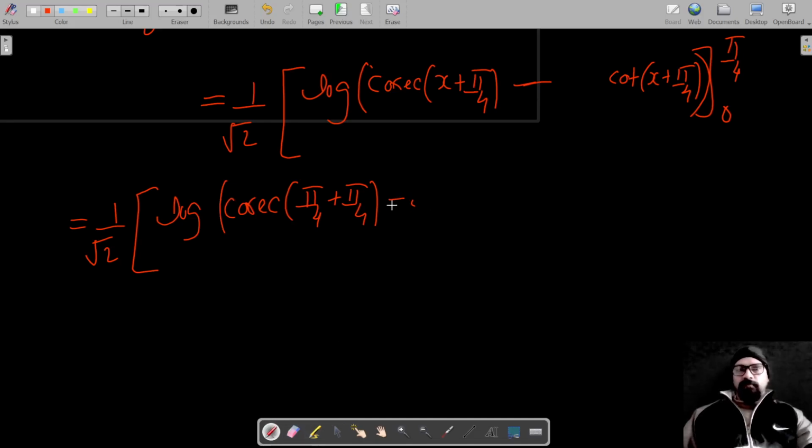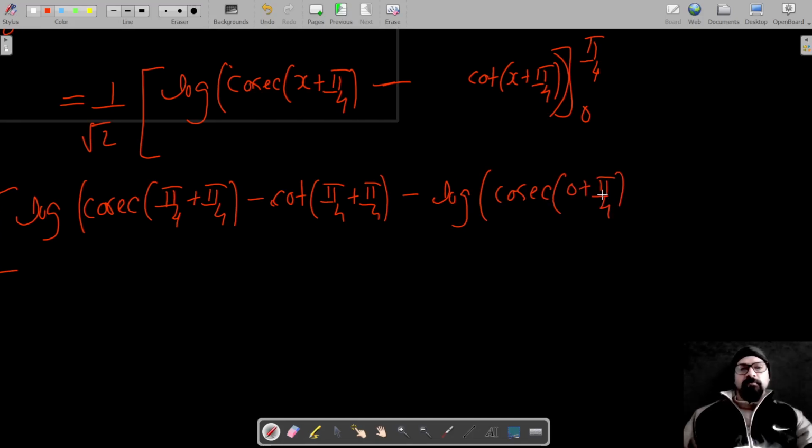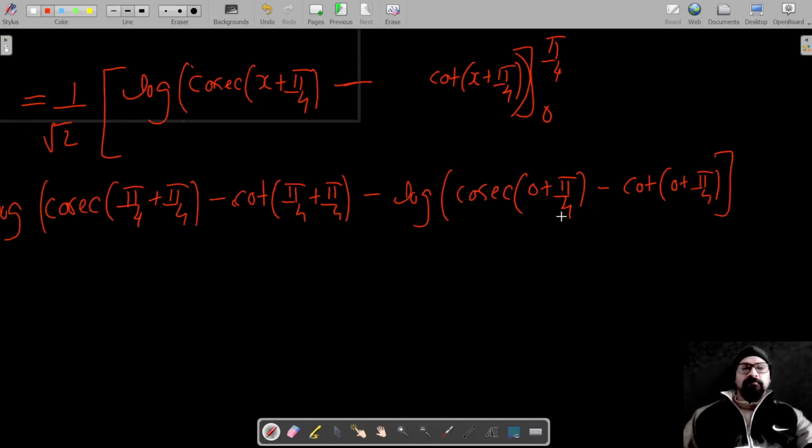So log of cosecant x minus cot of pi by 4 plus pi by 4, minus, this is log of cosecant 0 plus pi by 4 minus cot of 0 plus pi by 4.